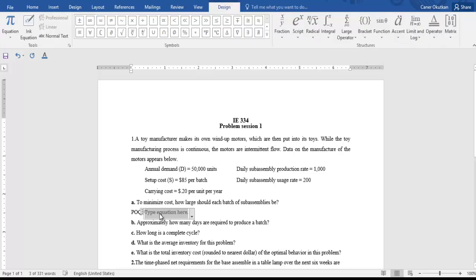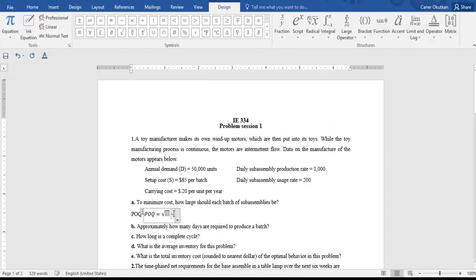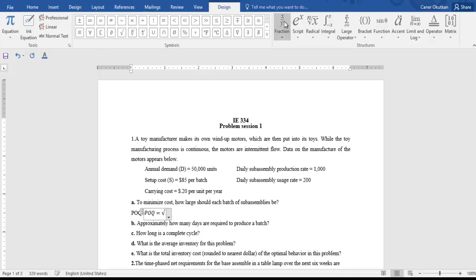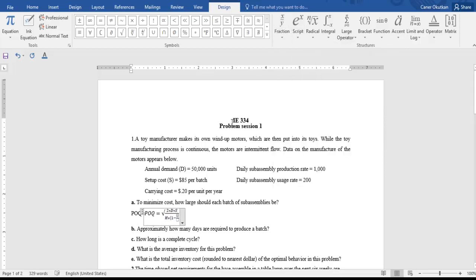Before we solve the question, we write the formula. Production order quantity equals the square root of 2 multiplied by demand multiplied by setup cost, divided by holding cost multiplied by 1 minus demand divided by production rate.